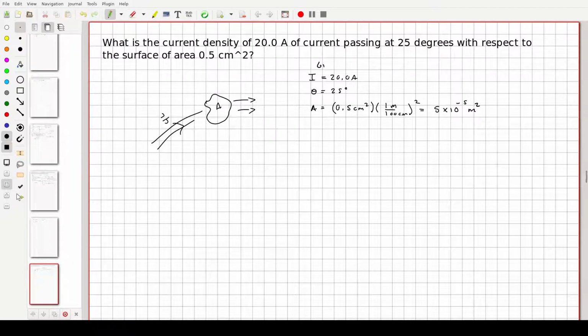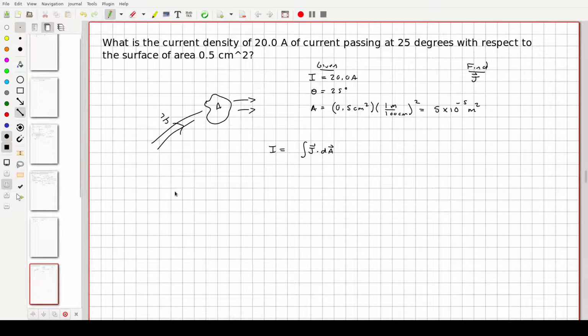So this is what we're given. And what I'd like to try to find here is J. Now, I is equal to the integral of J dot dA, A being our area.